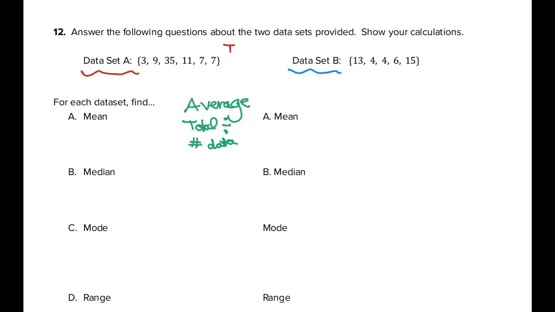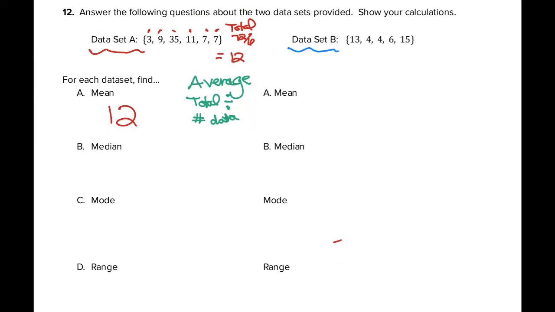Total is 72. And yes, please be careful when you count the number of numbers you have there. There are 6 of them. So 72 divided by 6 gives, yes, 12. So your average, your mean is 12. Okay? How about a one-word synonym for median?